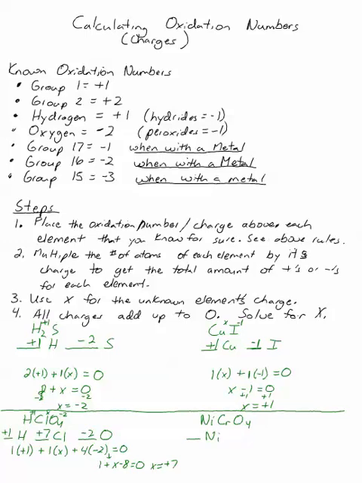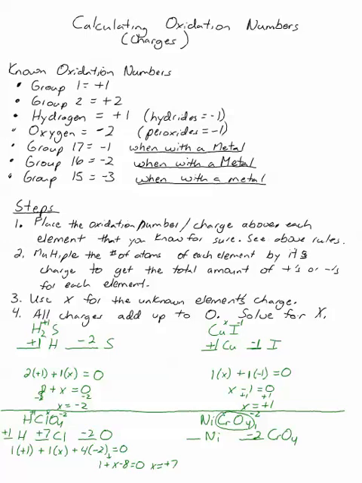Now, in your homework here, it's got Ni and it's got CrO4. Now you should recognize that this right here is a polyatomic ion. So circle the whole thing, okay? That whole thing, we have 1 of that whole thing, and that whole thing has a -2 charge.